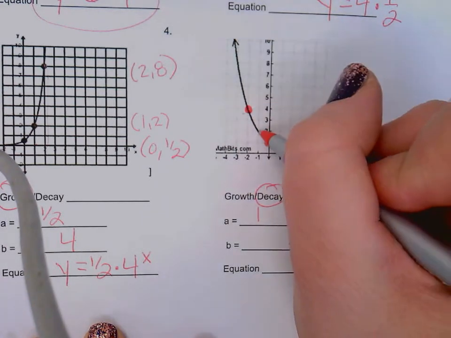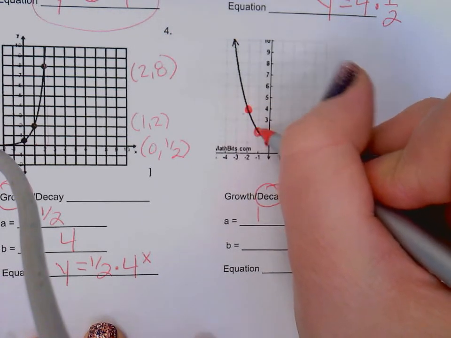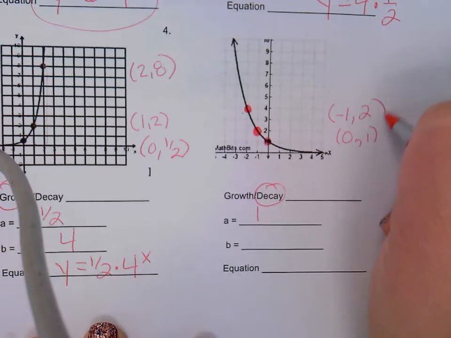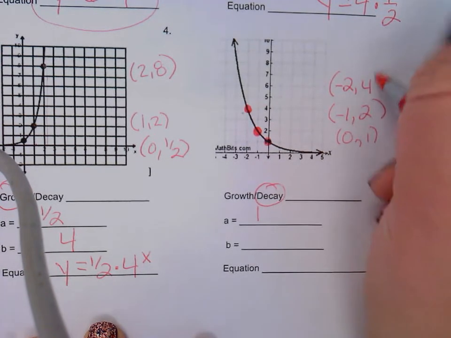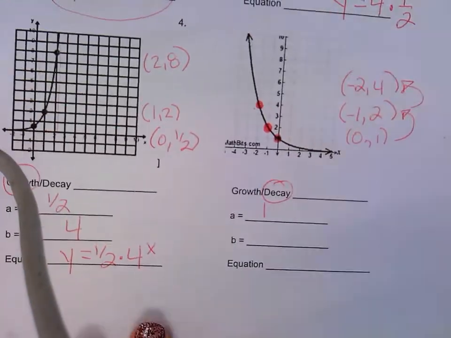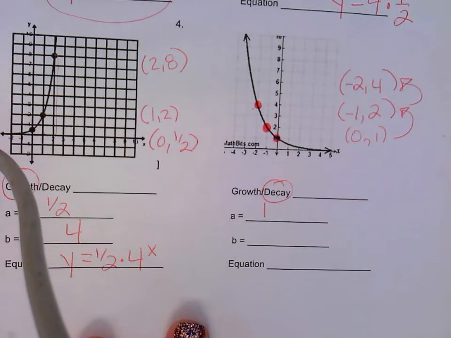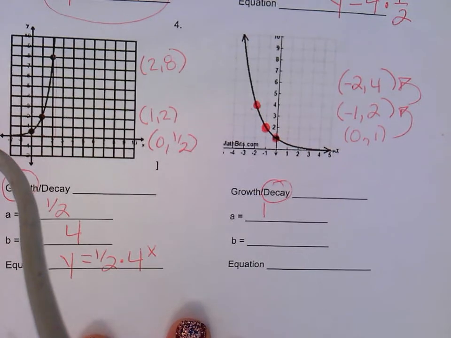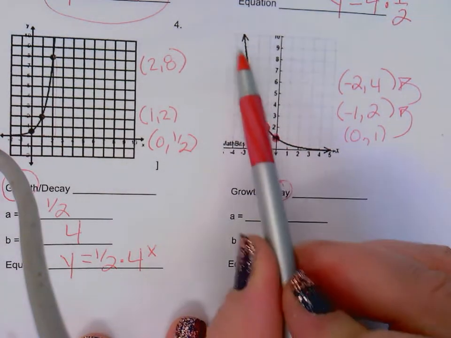Oh, I should have done this point to help you, I guess. -1 is at 2 and -2 is at 4, because you need to be able to see the consecutive y values to see what's happening. If it's decay, it's getting smaller and smaller.